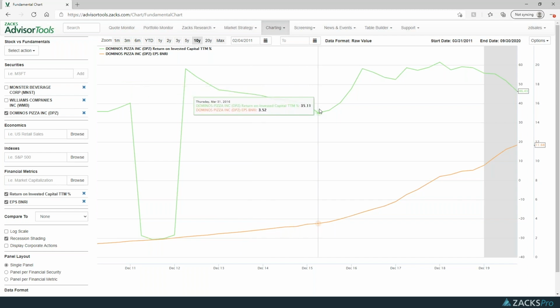They do have a retail presence, but it's a very, very small retail presence. Most of it is carryout, and a vast majority of their business is online app-driven sales. So even before the COVID pandemic, which really boosted their profitability even more, you can see that they were already generating very high returns on capital well before the pandemic occurred.